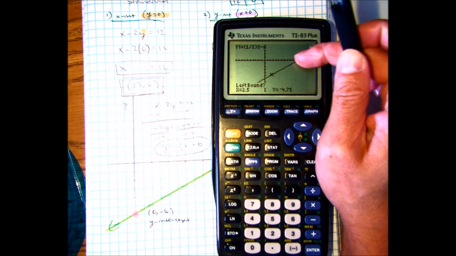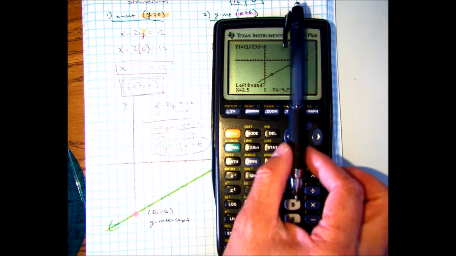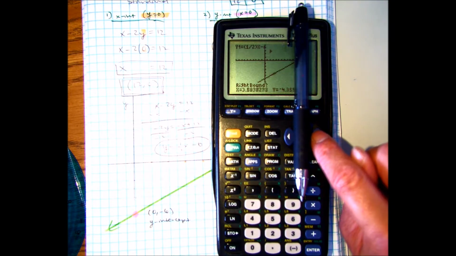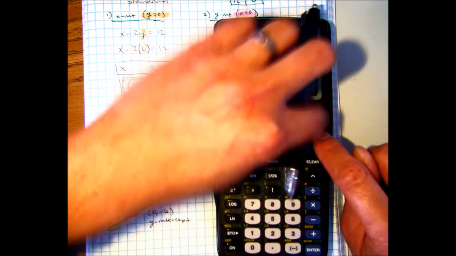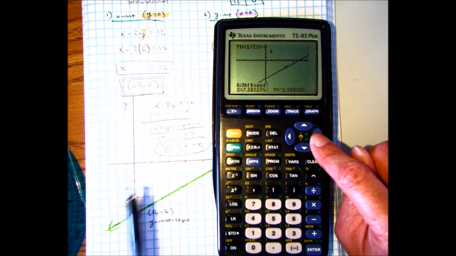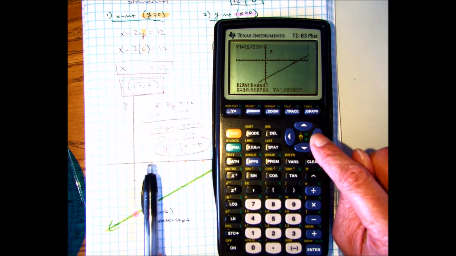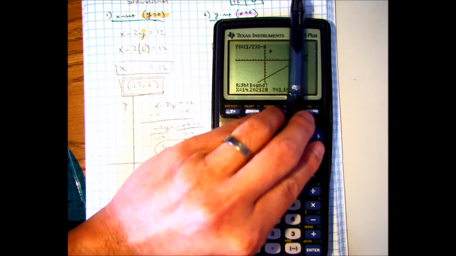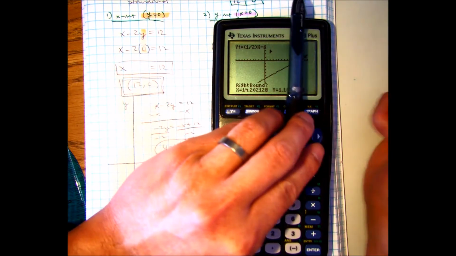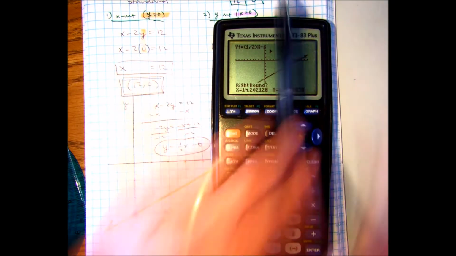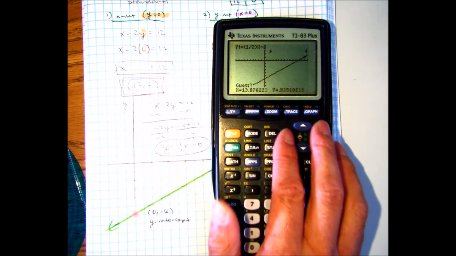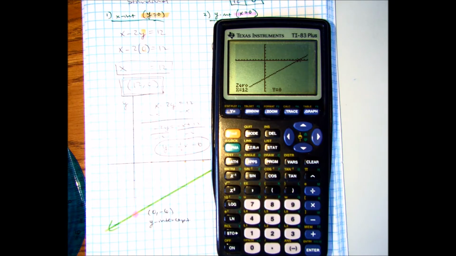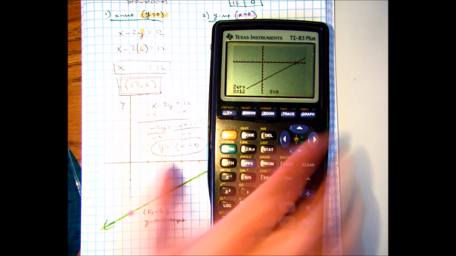If this is the x-intercept itself, you can put your pen here. So I need to be to the left of this pen. And now I'm just going to scroll to the right of that pen. So if I put my pen where the line crosses the x-axis, I need to be to the right of this pen. And then if I do it exactly, we already knew the answer was 12, 0.